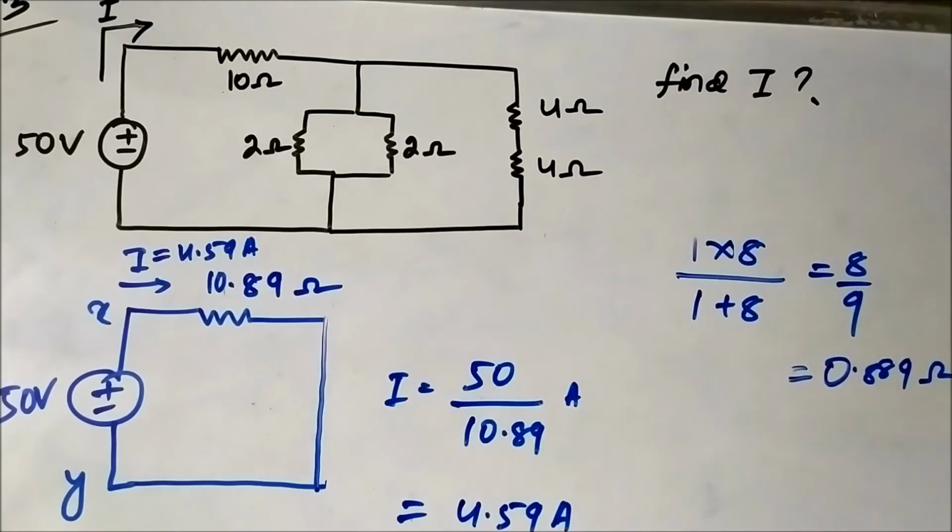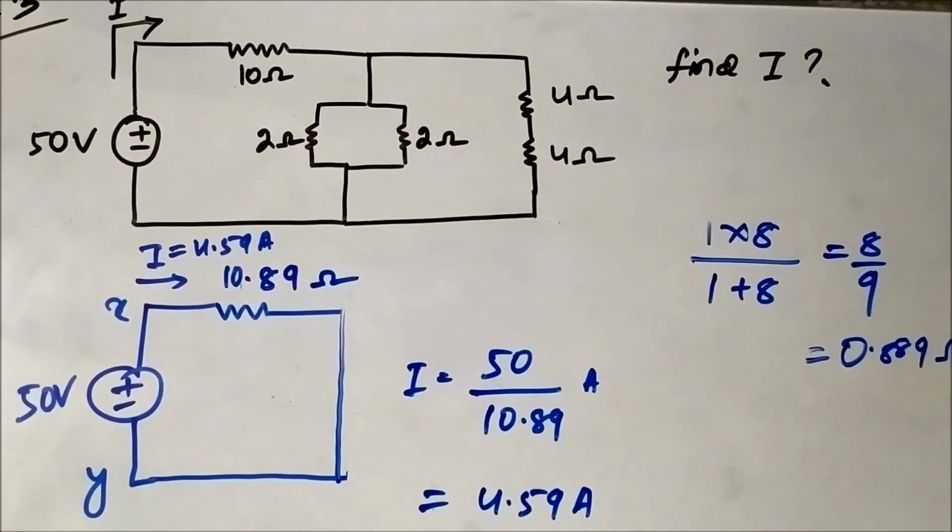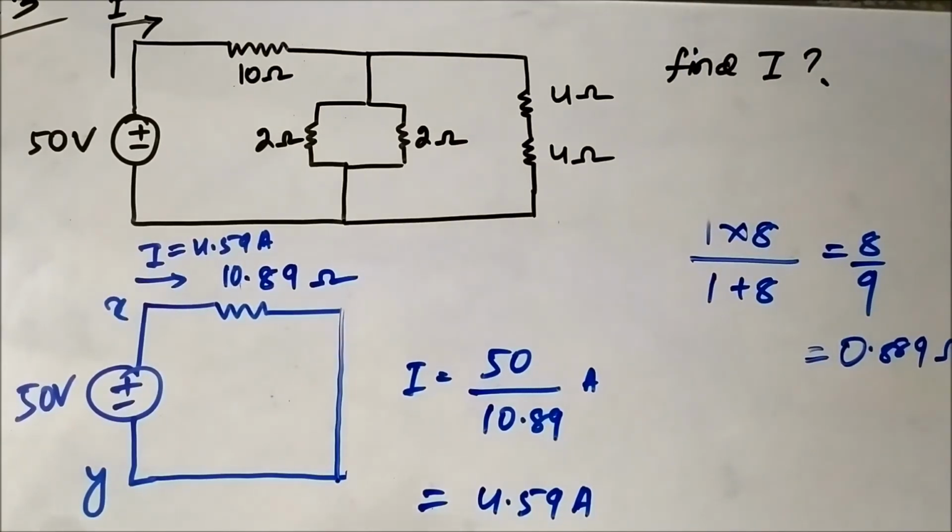Here the question was asked in a different way. We had to calculate the total circuit current. In order to do that, we have to determine the total equivalent resistance of this entire circuit. Here also we use the same approach.